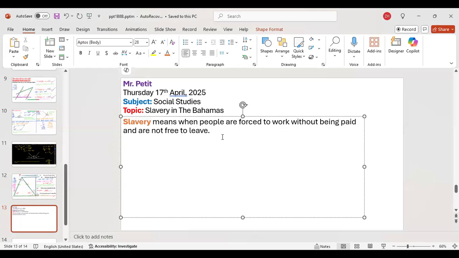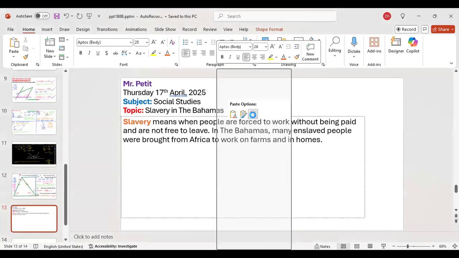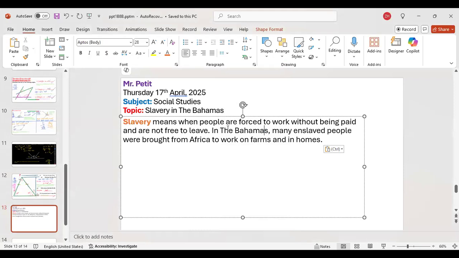Where did slaves come from? West Africa. Very good. So in the Bahamas, many enslaved people were brought from Africa to work in farms and in homes. You have the home slave and the outdoor slave.